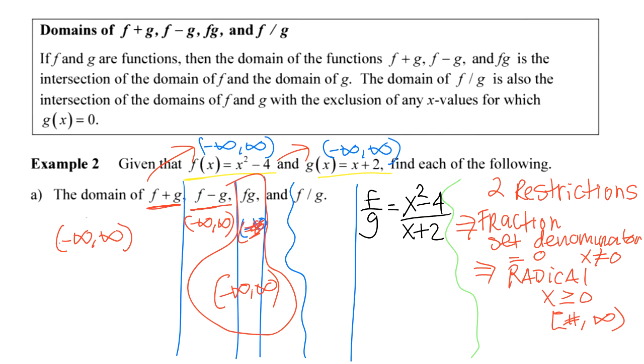And know that when I have a fraction, I have to set the denominator equal to 0, only the denominator, because that affects my domain, that affects my fraction. It would make it undefined if I had a 0 in the denominator. So I don't want that. So I want to set the denominator equal to 0.